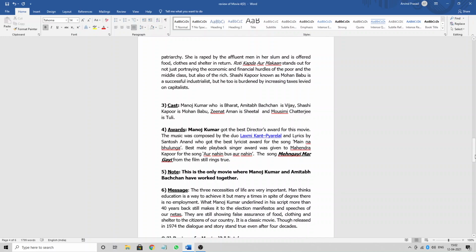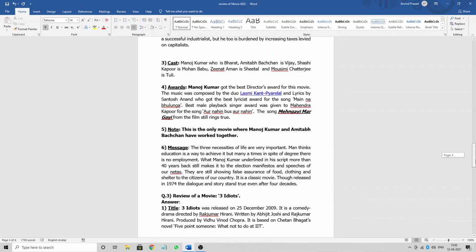Note that in it I have written something special about the movie. This is the only movie where Manoj Kumar and Amitabh Bachchan have worked together. What message does the movie have to convey?